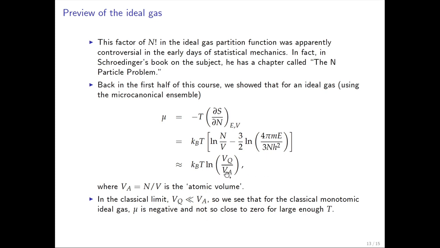In that case, you can see just from this logarithm that the log of a small number is going to be negative. So for the ideal gas in the classical limit, the chemical potential has to be negative, and not so close to 0, as long as T is not too small.